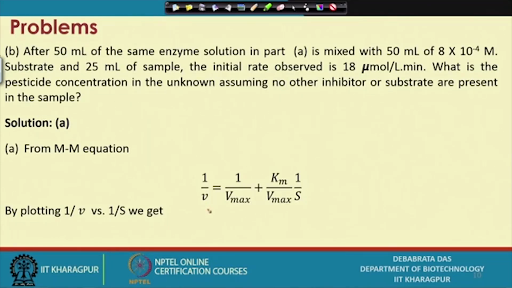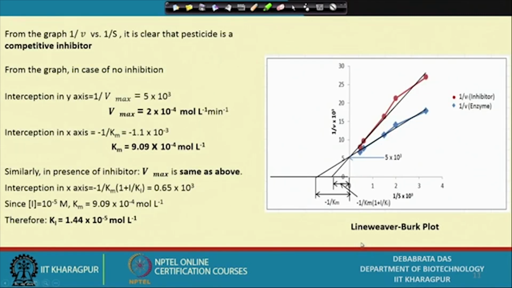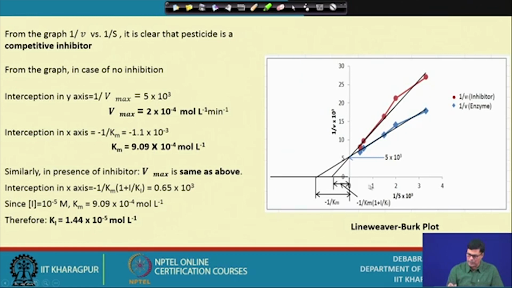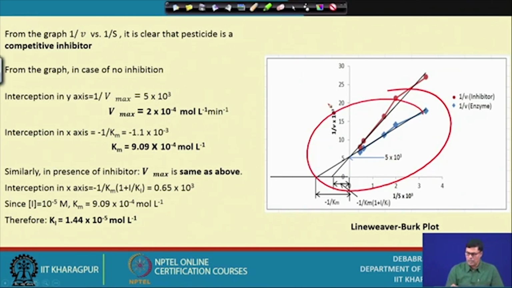Now, in this Michaelis-Menten equation, in the Lineweaver-Burk plot, we have 1 by V equal to Km by V max into 1 by S plus 1 by V max. When we plotted this on graph paper, we came across this kind of plot.